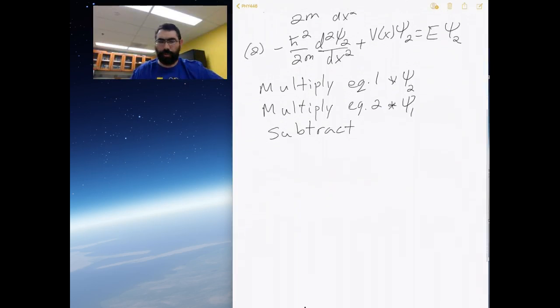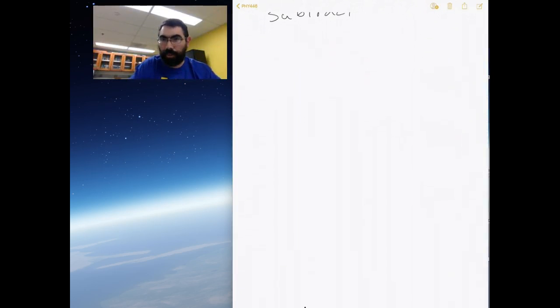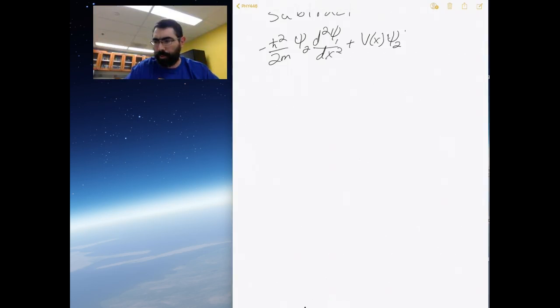Okay. So if I do the multiplication, what I get for the first equation is minus h bar squared over 2m, psi2, second derivative of psi1 with respect to x, plus the potential energy, psi2, psi1, is equal to the total energy, psi2, psi1.